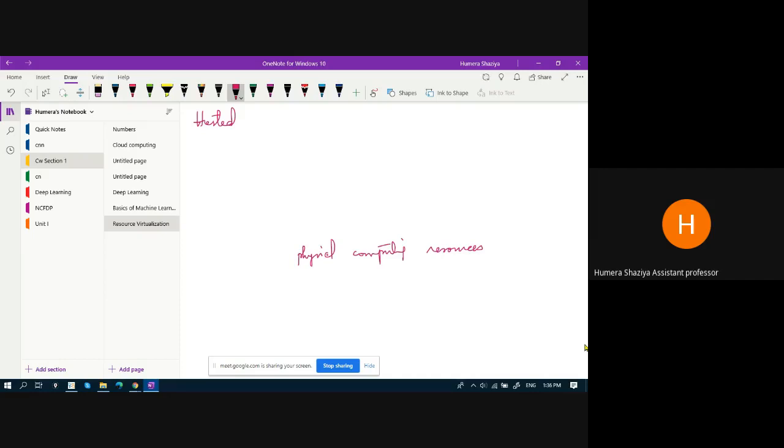On top of it, you have a host operating system. And on top of it, you have the hypervisor or virtual machine monitor, which is nothing but a layer of virtualization.